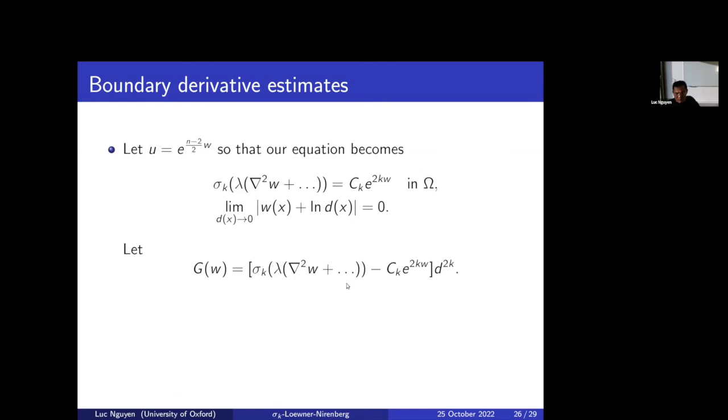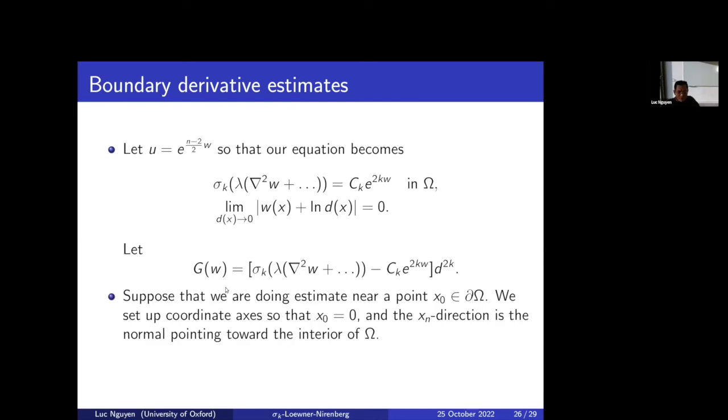So our solution W would be 1, so that G of W is 0. And suppose that we are doing a boundary estimate. So let's say that we fix a point x naught on the boundary and we do the estimate there. So we set up axes so that this point x naught is just the origin, and the xn direction is pointing toward the interior of omega.